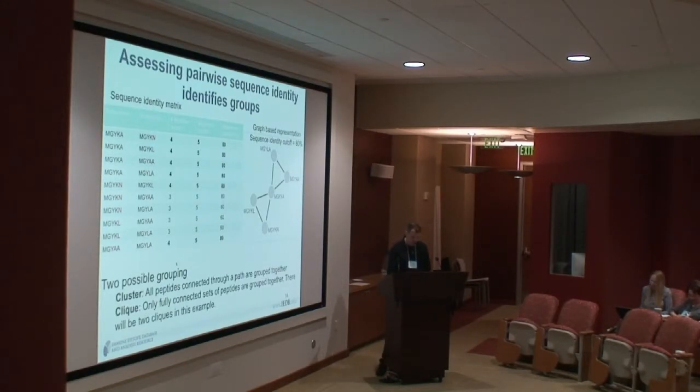Versus a clique, like these 3 and these 3 form a clique, where there is a complete connection between each of them, so all of these are similar to everything else. Depending on what you want to do, say if you want to have 1 representative peptide per clique, you would use that algorithm. If you just want to know which of your peptides are somehow related, you use the cluster algorithm.